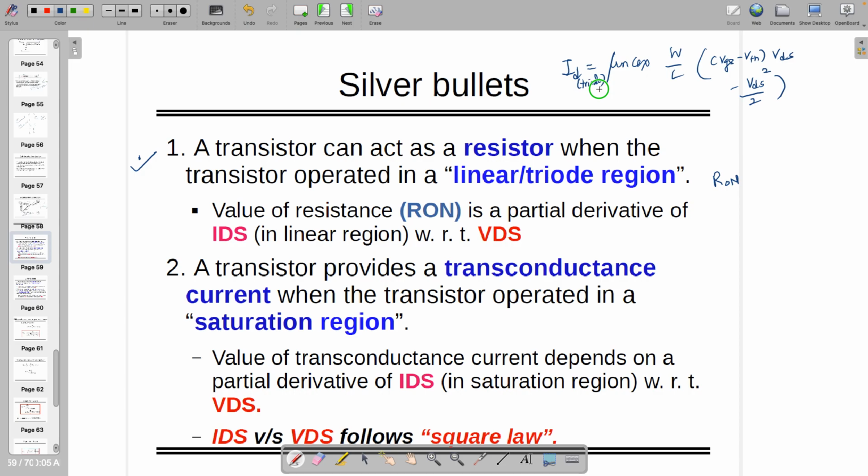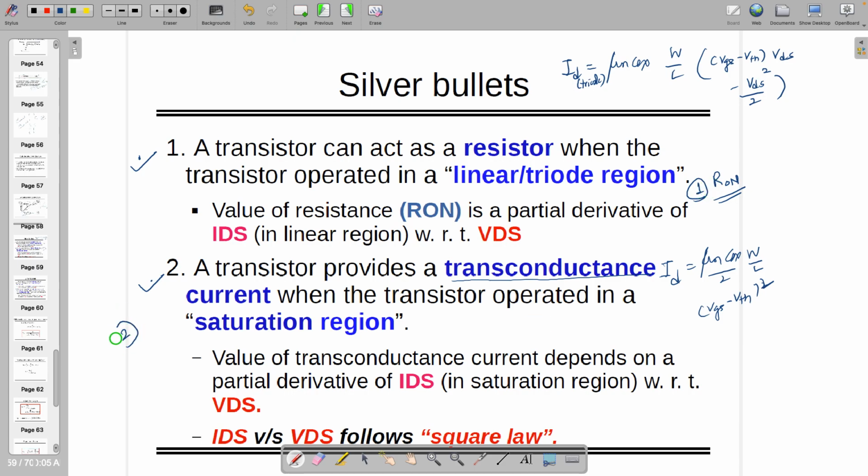However, if you are interested in making your transistor work in amplification mode, which is true for the saturation mode of operation, then the transistor provides transconductance current when operated in the saturation region, and that will follow this equation. If you solve this, you will find GM. So GM is an important term, just as R on was very important.